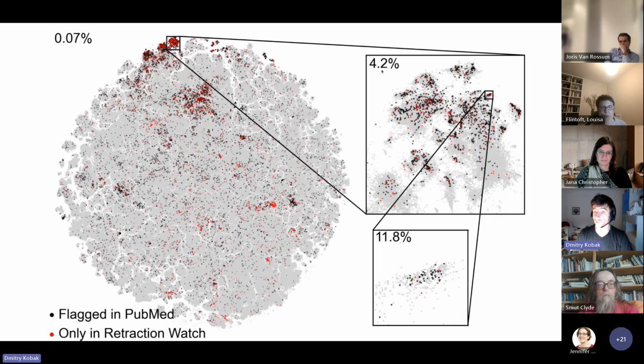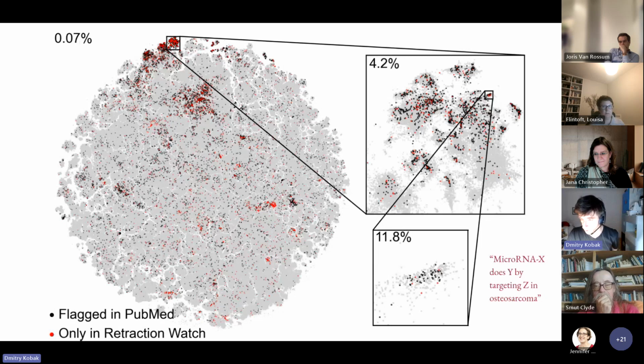Here's a zoom in where 4% of all papers are retracted. And if we take just a tiny little island over here, almost every 10th paper in here has already been retracted. In the paper, we say that if we look at this specific tiny island that maybe only has 150 papers in it, then all of these papers are titled like: microRNA something does something else by targeting yet something else in osteosarcoma.